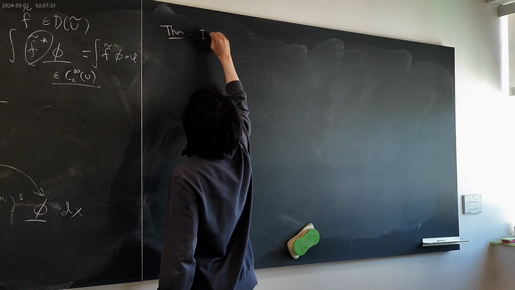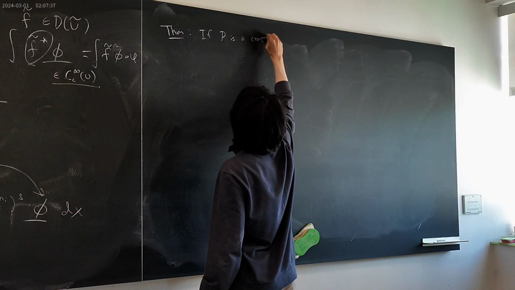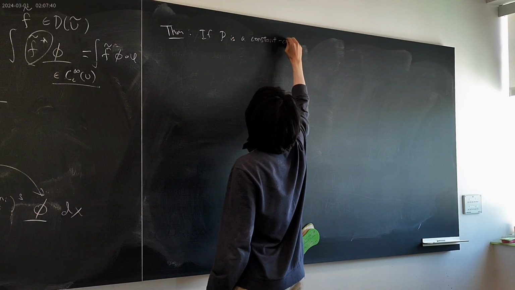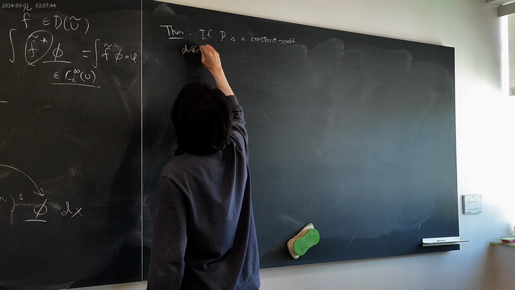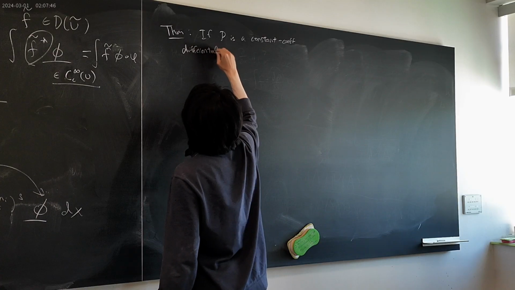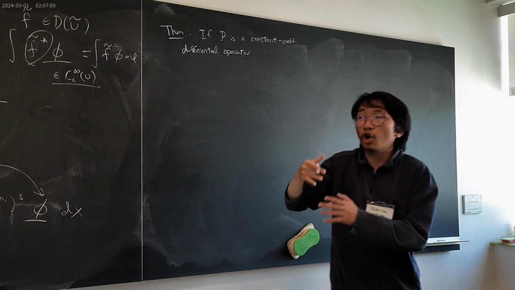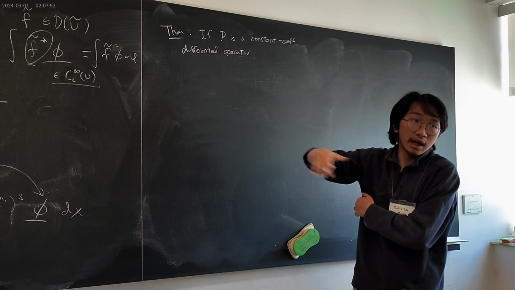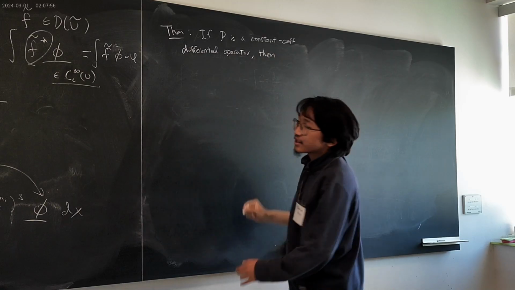If P is a constant coefficient differential operator, so some constant coefficient polynomial of our partial derivatives, then P has a Green's function.